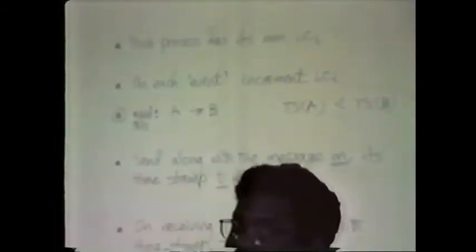Okay. First of all, we need to understand a little bit about the context also. We are now talking about distributed processes, distributed computers. So we are not assuming that all the machines are in one place. They are spatially distributed.